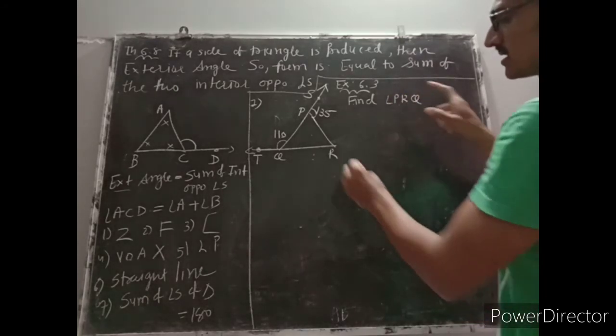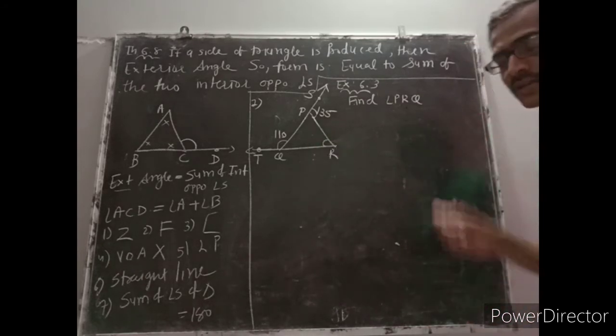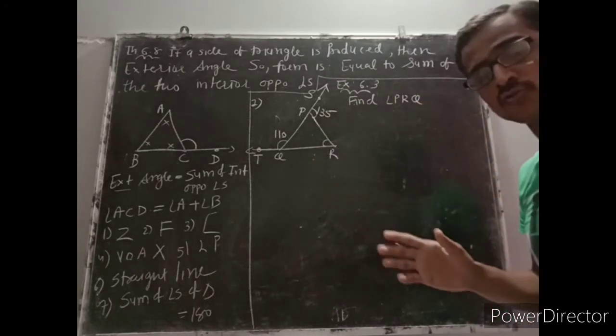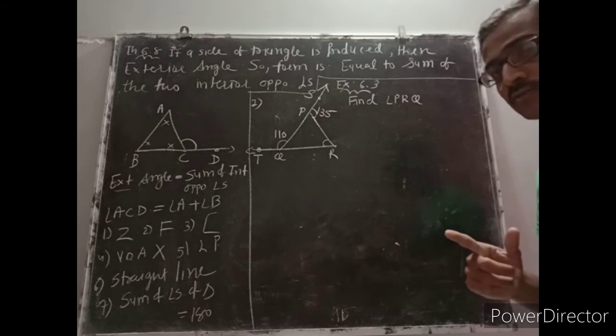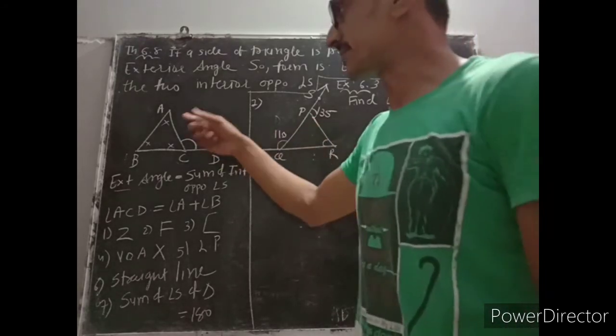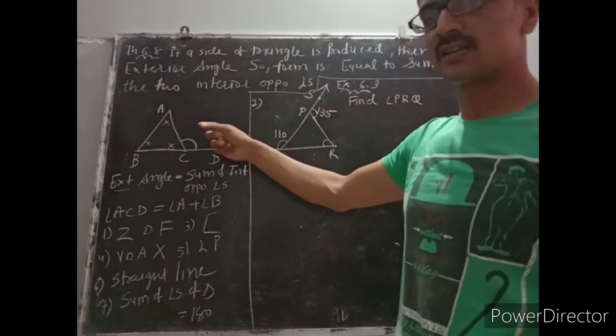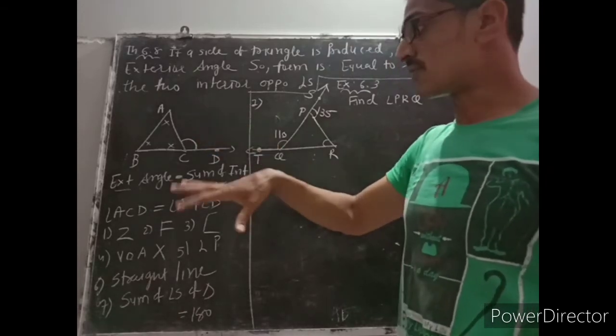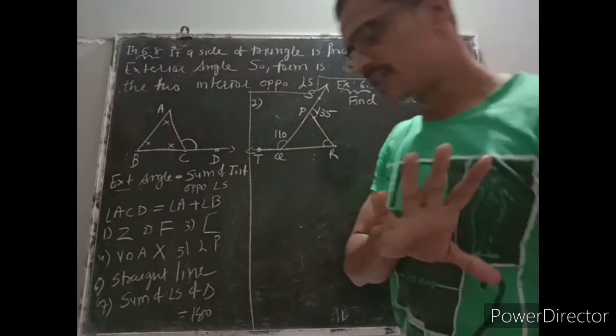So angle at R, this angle we want. See, whenever a triangle is formed, you have to think about sum of 3 angles 180 also. And whenever a triangle is formed, first of all think about these two concepts. Exterior angle is sum of interior opposite angles. Easy to understand.